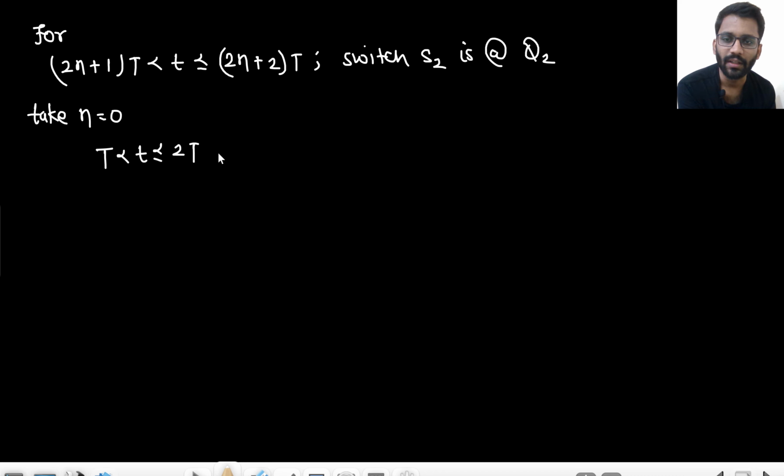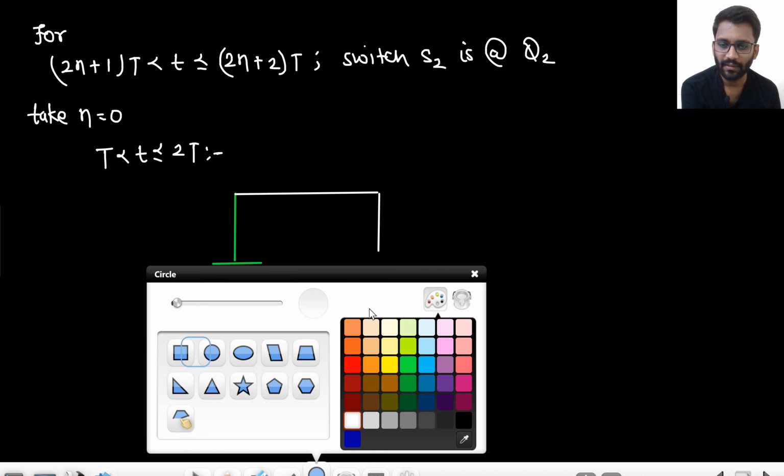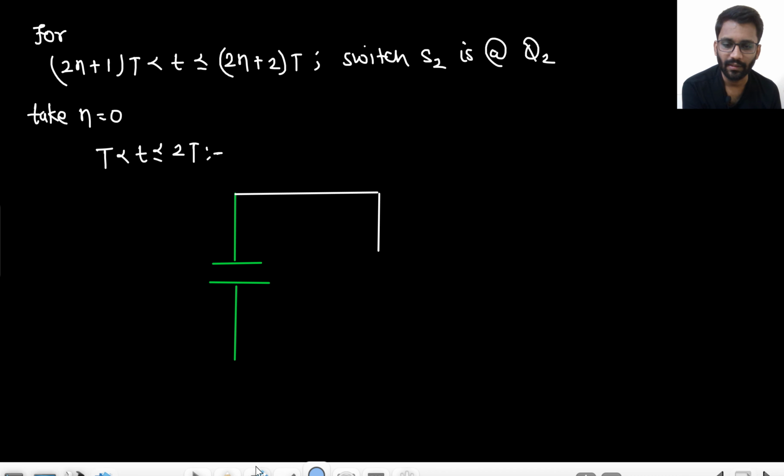From T to 2T, what will be the circuit? Let me put the charge. This is going to be the condition: the capacitor, a resistance, and then a current source.